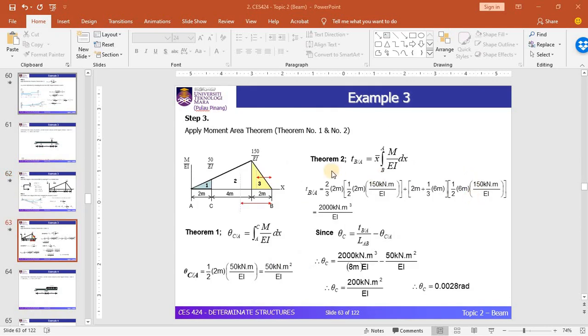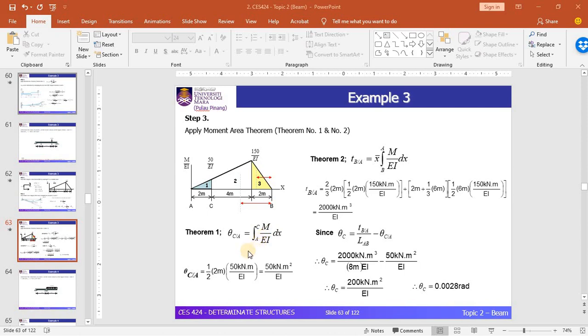The next slide. Okay, so this is the M/EI diagram that we have drawn in the first step. By using the first theorem to get theta CA, we already saw this equation during the lecture in the first part of this topic.